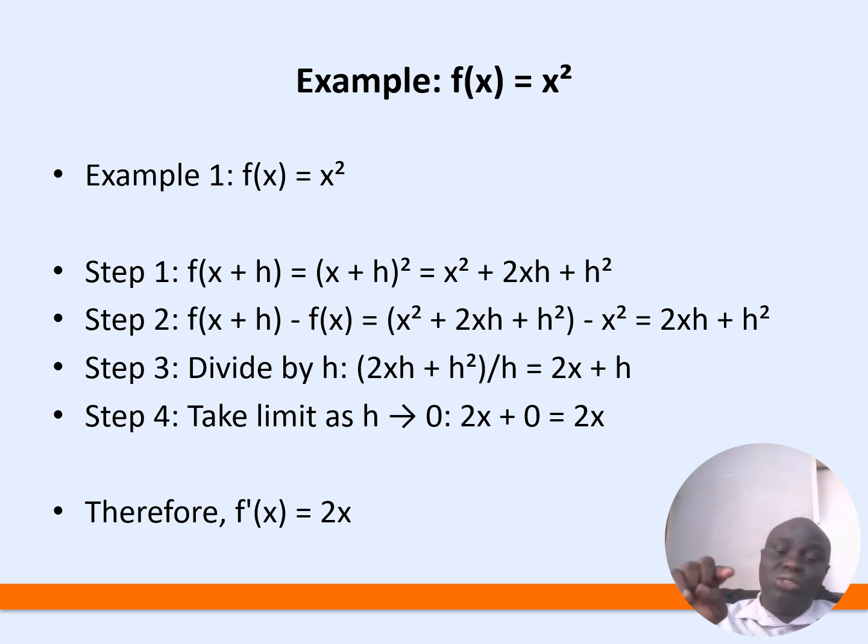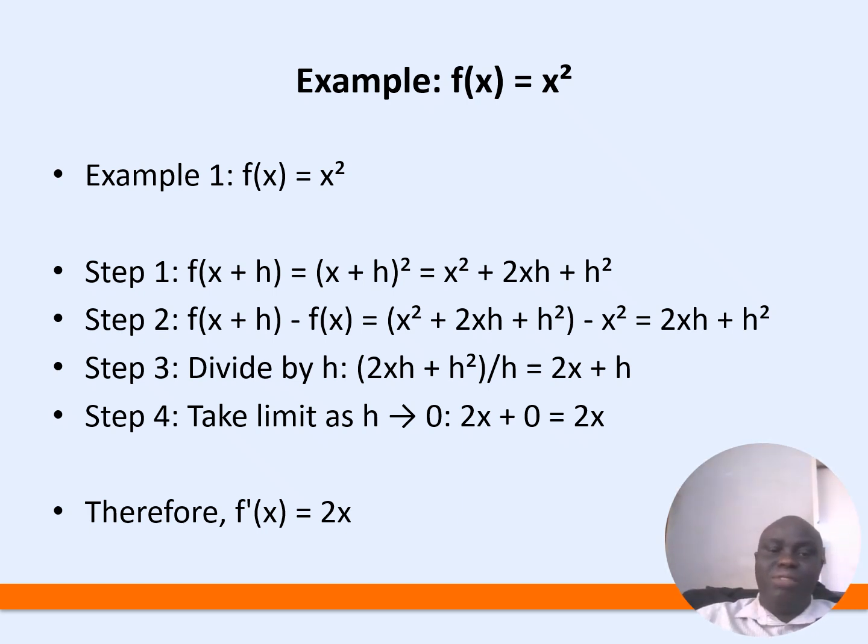You have to go according to the instruction. If the question says just find the derivative, you can just differentiate and you are fine, you will not be penalized. But if the question tells you to use first principle, you have to use first principle, unless if you use any other method, you will be penalized.